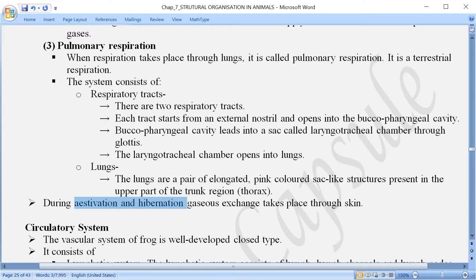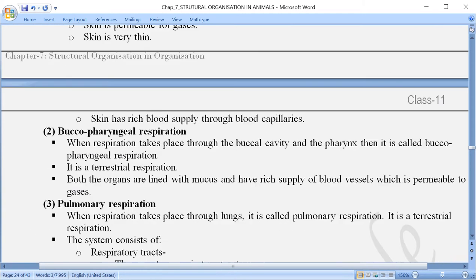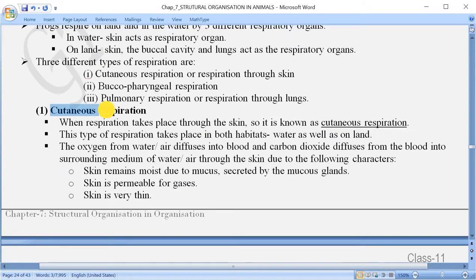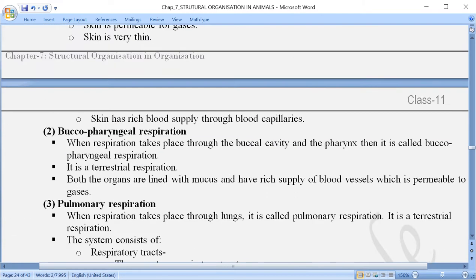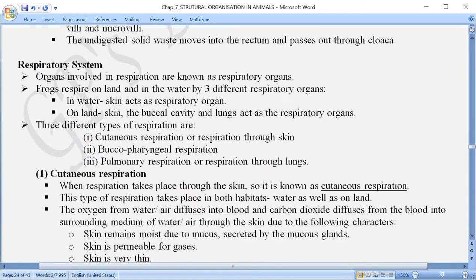So that was about the respiratory system, which is of three types: cutaneous, buccopharyngeal, and pulmonary. In water they use mainly the skin, and when they come onto land they use all three respiratory organs: skin, buccal cavity, and also the lungs.